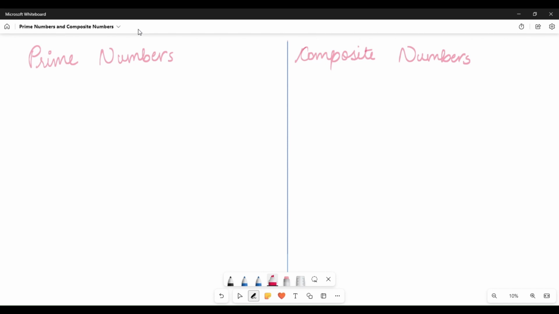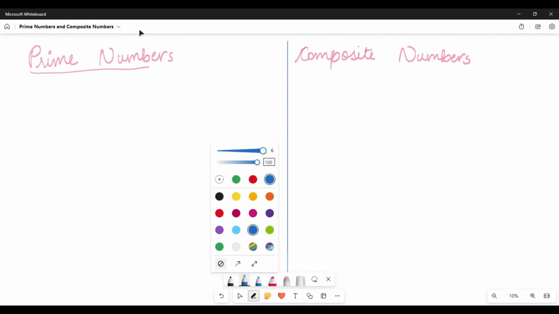Today we will discuss the topic of differentiating prime numbers and composite numbers. So we'll start by understanding what is a prime number and then we'll see what's a composite number. So, prime numbers. What are prime numbers?